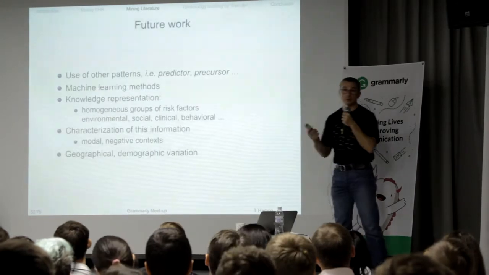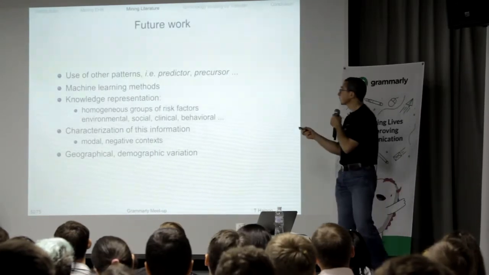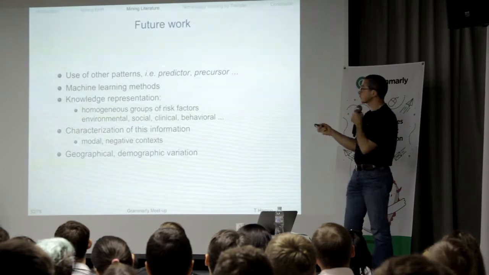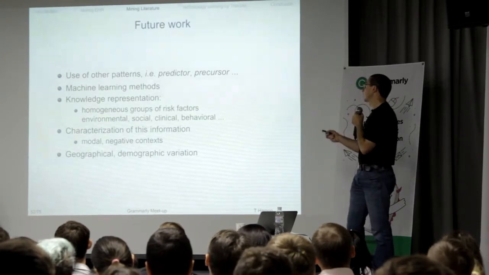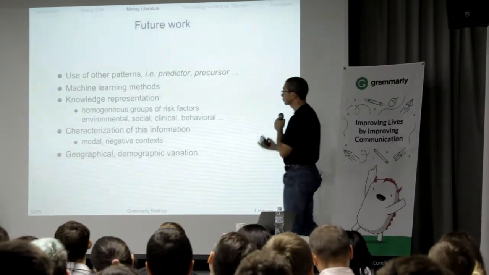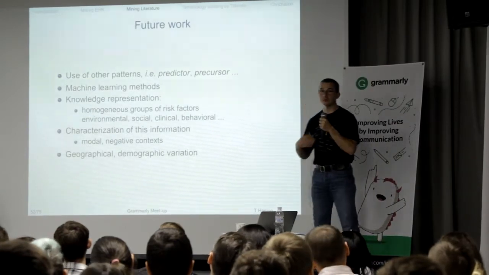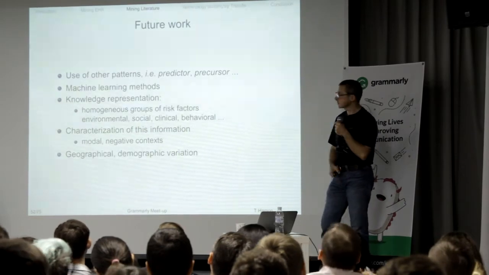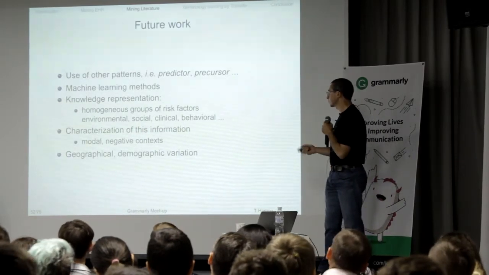We need to improve this work by using other patterns or other triggers like predictor, precursor. We should also define machine learning methods to learn the patterns and so on.